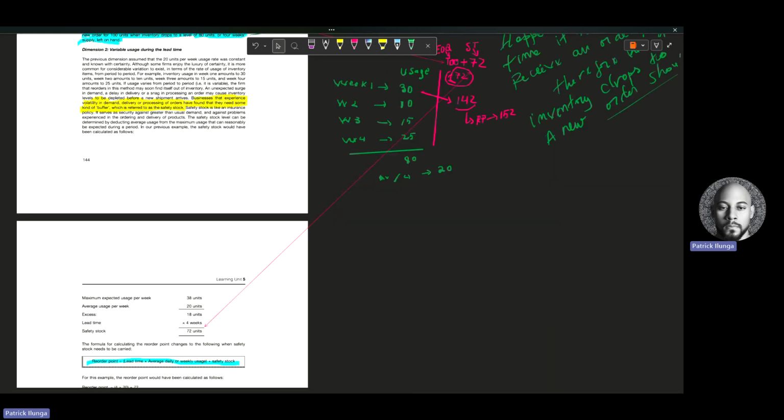Right. So, ladies and gents, that was our part 2, the middle section of Learning Unit 5. We've taken a bit of time, but it's important to cover it properly so that in the exam you do not need to memorize a formula, as I told you at the beginning.